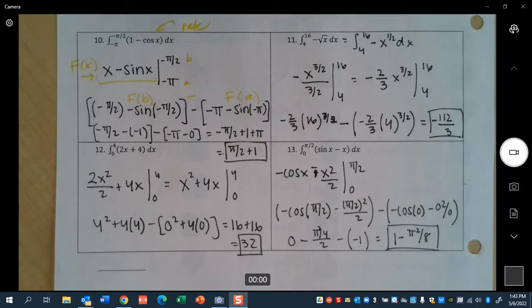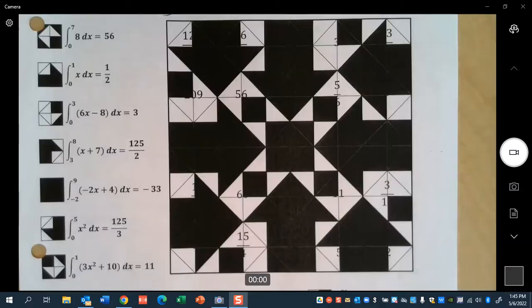Anybody need the notes or the homework from this class? Sure. That's the pattern that we were looking for. Did anybody have a hard time with these? You want to talk about any of them?